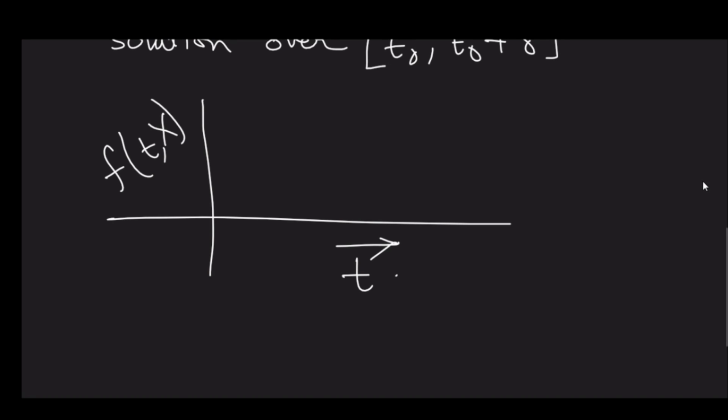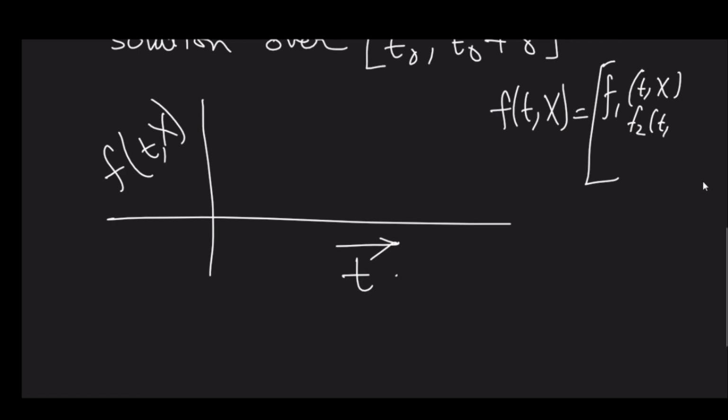Now, obviously, if you consider an n-dimensional function, then for this f t comma x there will be n components like f1 t comma x, f2 t comma x, and at the end fn t comma x.